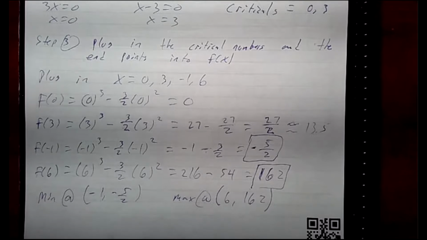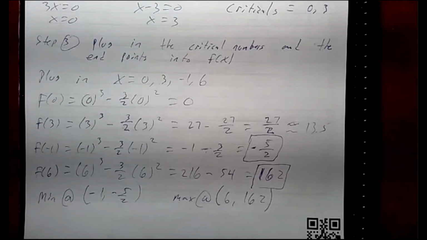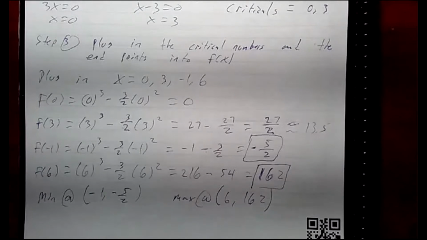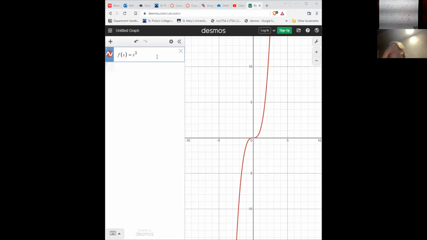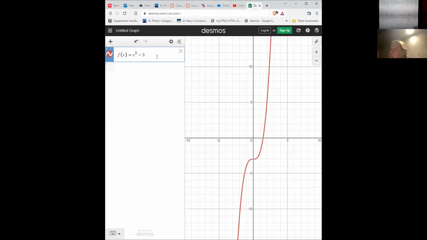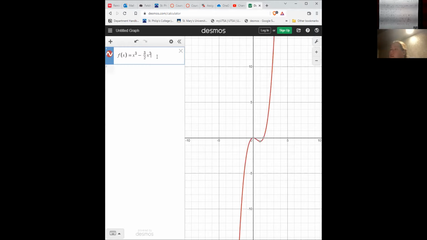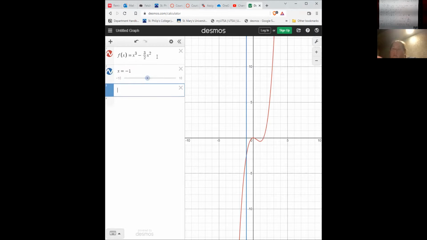Let's go ahead and graph it. It's a good idea. All right. Okay, so I'm going to let two solid lines equal the lowest point and the highest point.